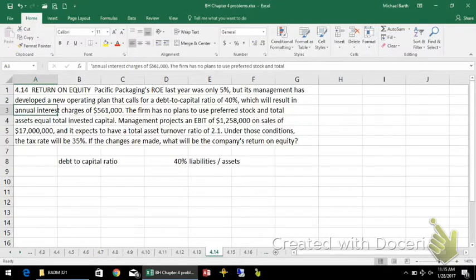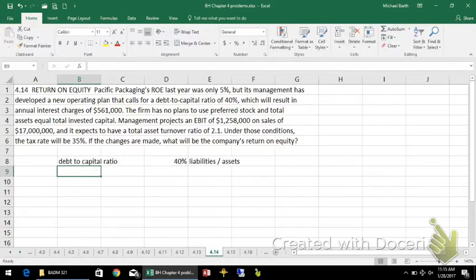The plan doesn't use any preferred stock and total assets equal invested capital. So debt to capital is technically the interest-bearing debt over the interest-bearing debt plus equity, but they simplify that throughout the problem by telling you total assets equal total invested capital. Okay? And there's only one type of liability, and that would be the interest-bearing debt.